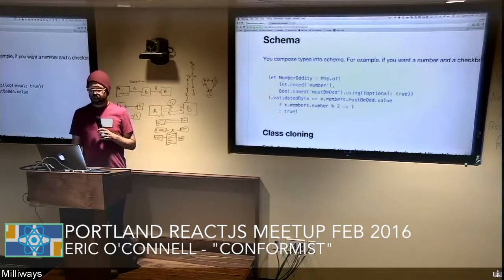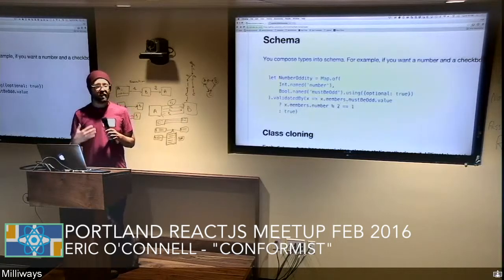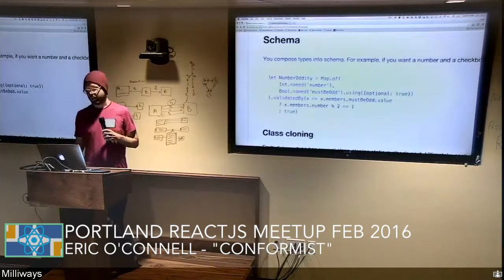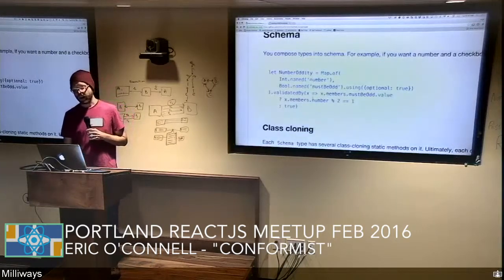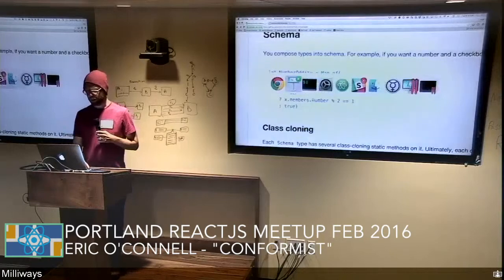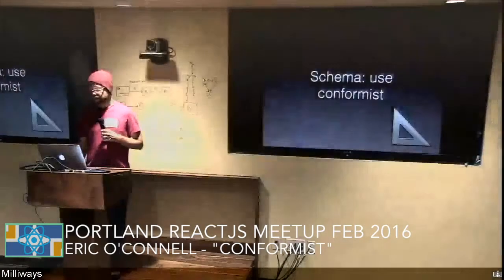And the entire map is validated by whether or not, if mustBeOdd is true, then it checks to see if the number is in fact odd. Okay, that is probably not the most useful schema in the world, but I just wanted to show what that interface looked like.